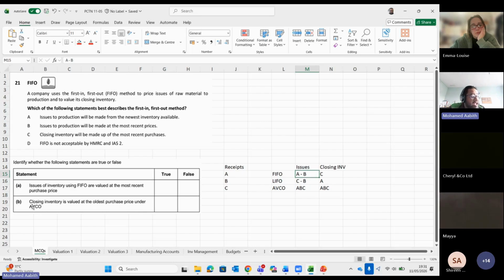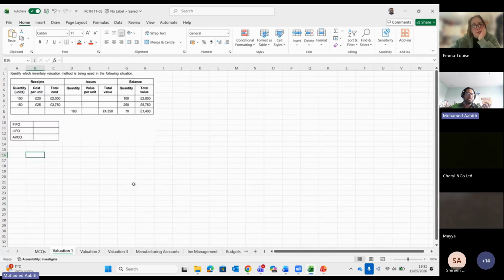Straight away, there is a quick remedy for this. When you hear AVCO, if you don't see the word average in the statement, that statement is also wrong, because closing inventory valued at the oldest purchase prices would be LIFO, but it does not have the word average here. So that cannot be AVCO. So both statements are false.